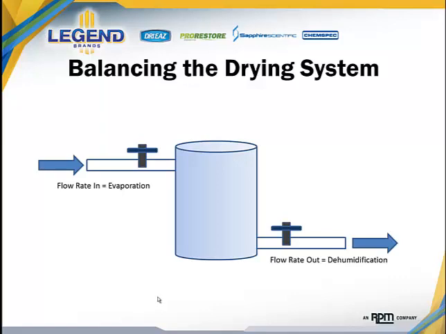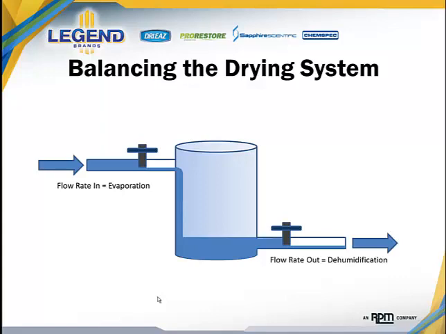Over time, as evaporation occurs within the space, that evaporation is going to add moisture into the air within the environment. With no humidity control, obviously over time the humidity would build and increase. However, with dehumidification, as long as that's at an appropriate rate, water will remain at a fixed level within the environment. In other words, a fixed humidity.